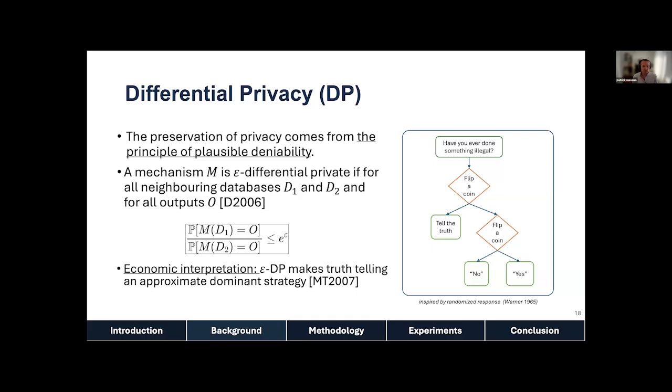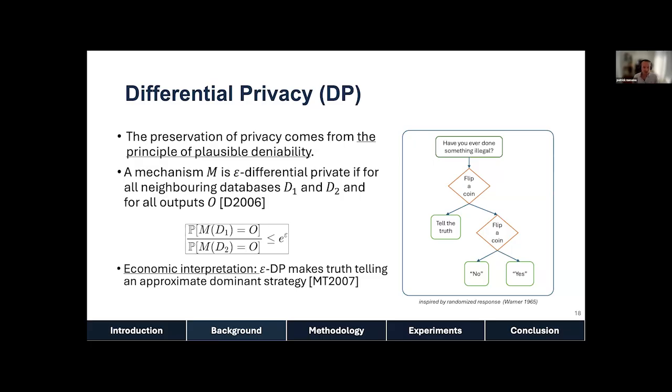And so the definition is: a mechanism M is epsilon differentially private if for all neighboring databases, D1 and D2, and for all outputs O, the likelihood ratio of an output given the mechanism executed on 2 different neighboring databases is smaller than a quantity that is exponential epsilon.